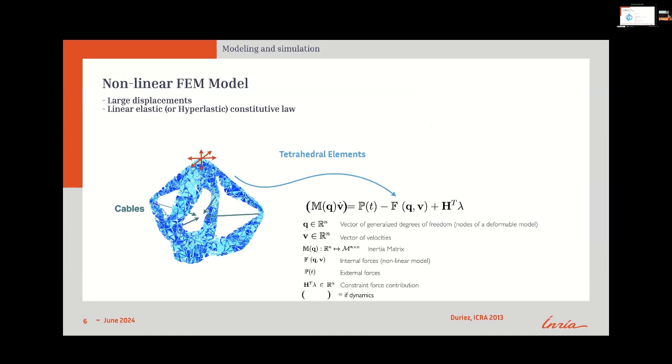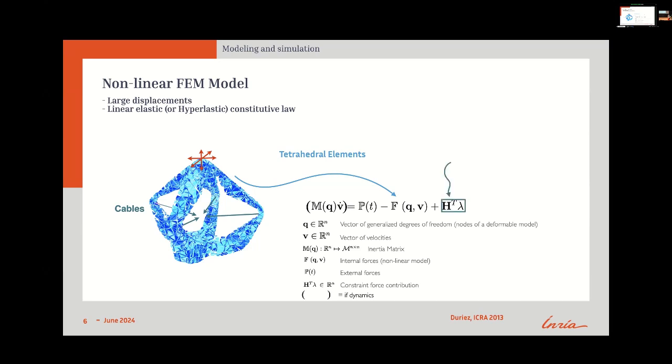You have to imagine these non-linear equations. And so basically the FEM model allows to fill the force vector. And if you consider the dynamics, of course you have the mass and acceleration. But today I will focus more on quasi-static to simplify.